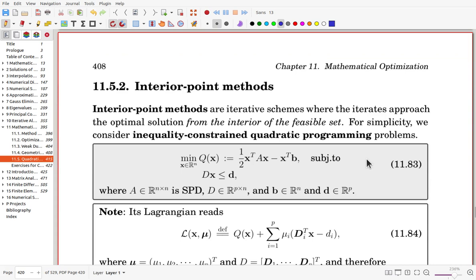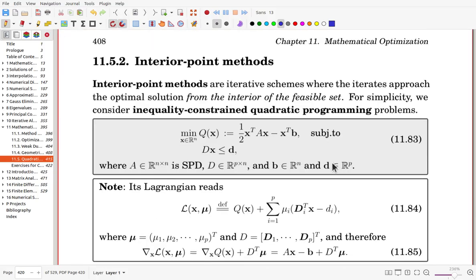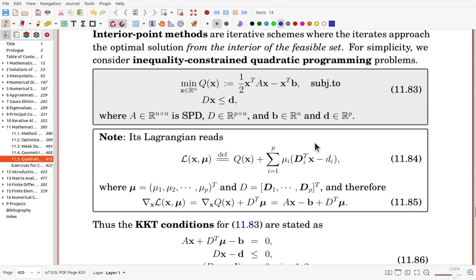Okay. Now we'll go to inequality constrained quadratic programming, and I'll say a little bit about the interior point method. Now the problem is given along with this inequality constraint.